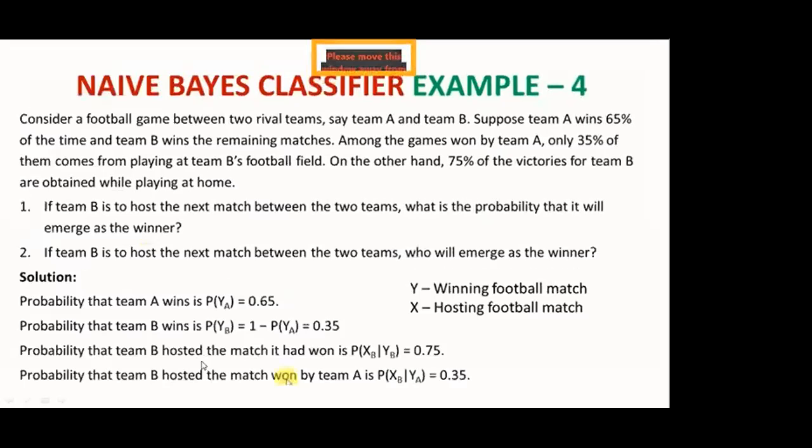Next, the probability that team B hosted the match and it has won. The probability that team B has hosted, XB, given it has won, so 75% of the time they will win, 0.75. The probability that team B hosted the match won by team A, that is, team B has hosted but team A has won, that is 0.35.